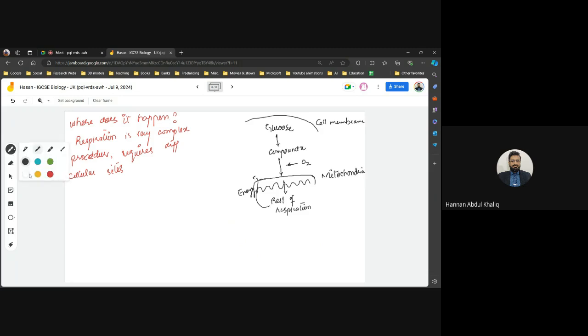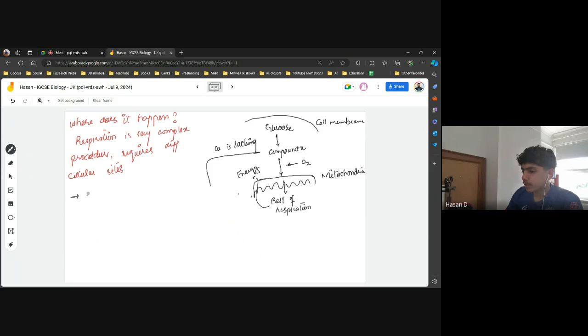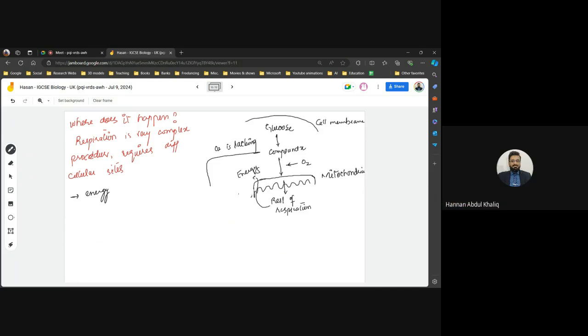What if the oxygen is lacking? We don't have enough oxygen. Then what would happen? Should we shut down the procedure? Let's say it's completely not there.